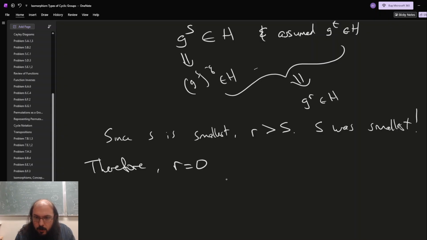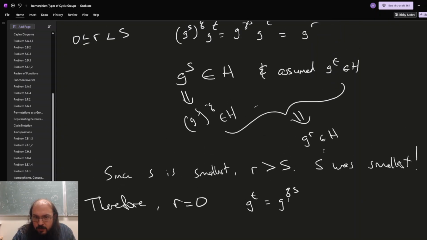So r is 0, there is no remainder, and therefore our t power is actually just qs. It is a power of g to the s, which is what we wanted.